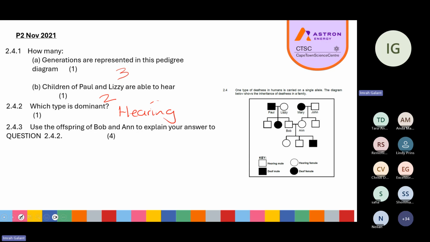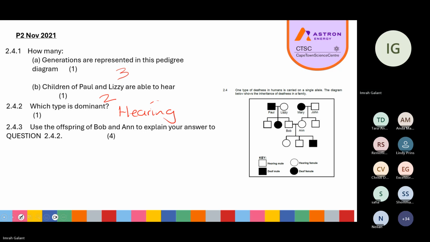Okay. Then next question, they say use the offspring of Bob and Anne to explain your answer to question 2.4.2. So when they say explain your answer, you always need to give a statement and give a reason. That's the way in which you say it: when you state something, you need to give a reason as to why you're saying it. Okay.